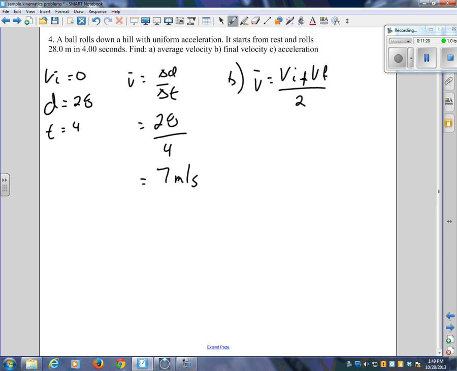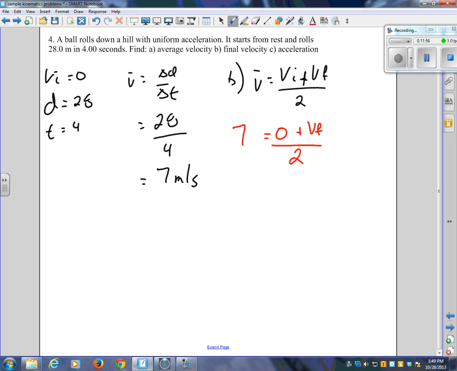Yes, Mr. Bennett, that's what we're saying to you. Average velocity is, you add them together and divide by 2, right? That's all you do. What is the initial velocity? 0. What is the final velocity? Well, that's what we're trying to find out. What's the average velocity? 7.